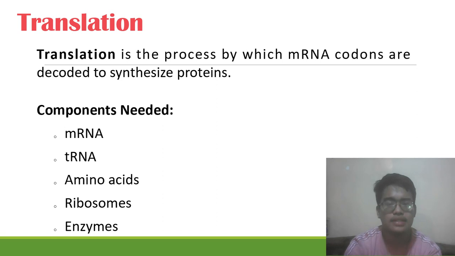The substances needed for the translation phase of protein synthesis are mRNA, tRNA, amino acids, ribosomes, and a number of different enzymes. A ribosome is an rRNA-protein complex that serves as the site for the translation phase of protein synthesis.